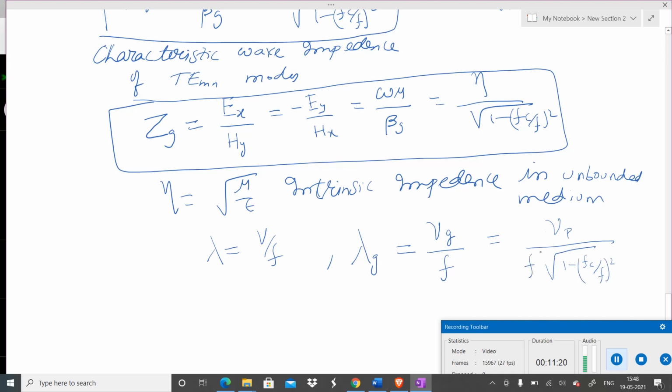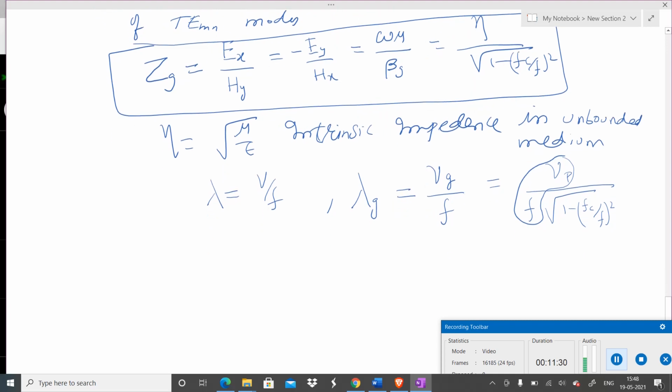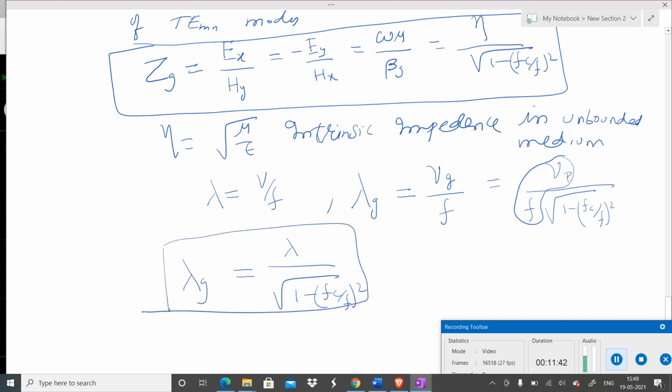Now what is this vp by f? It is the wavelength of the EM wave without any guide, in the unbounded dielectric, without any rectangular waveguide. So we call it simply lambda. So it is lambda divided by under root of 1 minus (fc by f) whole square. So this is the wavelength in the waveguide of the TE-mn modes.